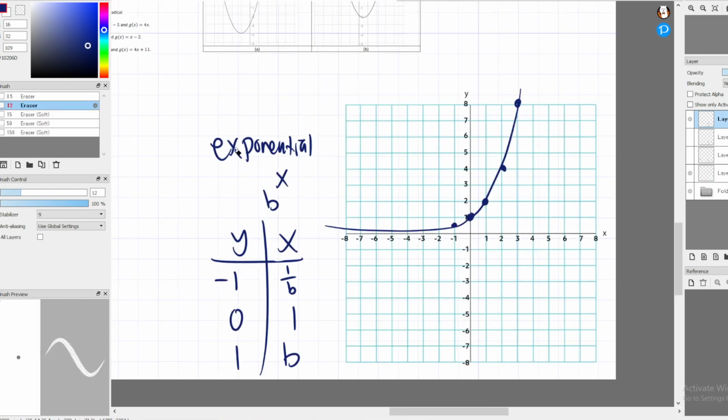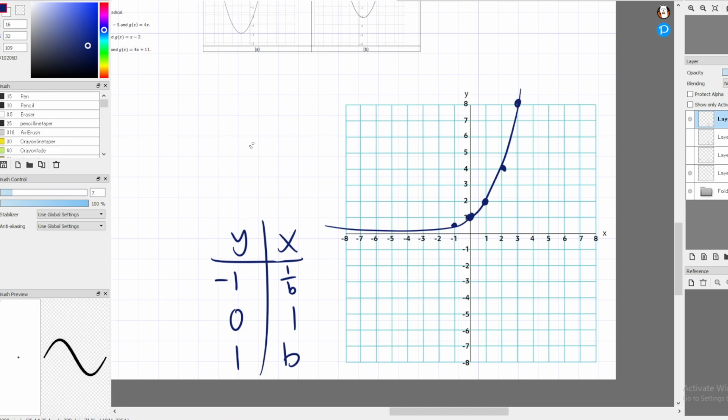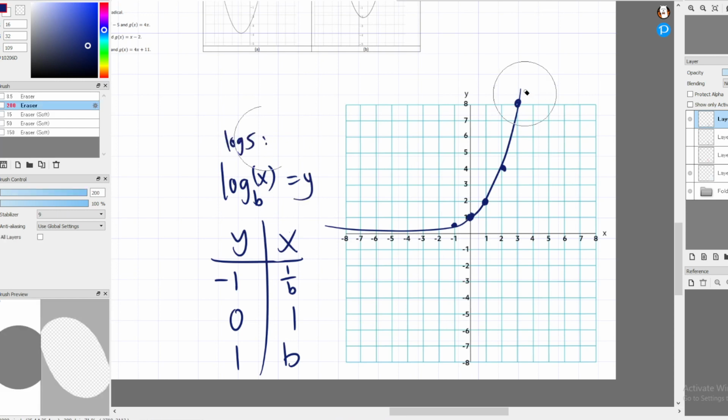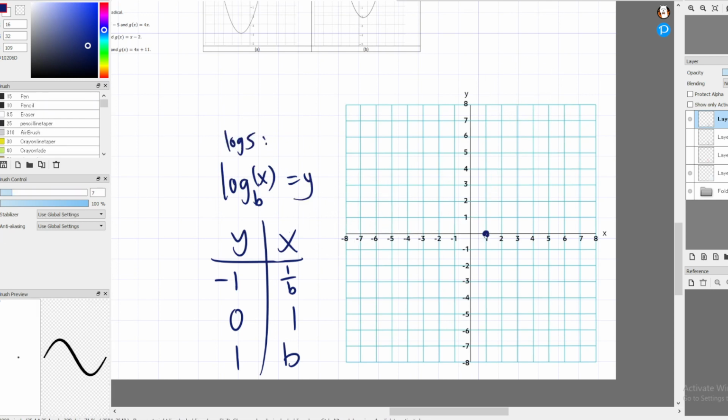So what they end up looking like is something like this. Well, we'll keep this here because we know that when we are doing the inverse function, we're just swapping the x and the y's. So this would come here, this would come here, this would come here, and it would get super close to 0, but it would never cross.